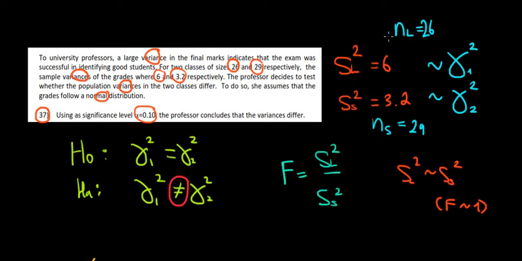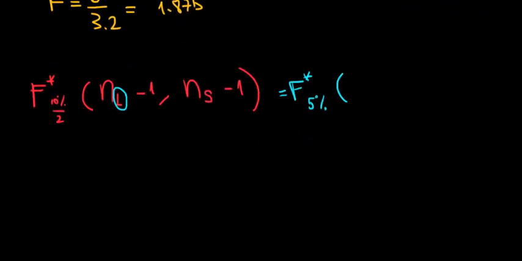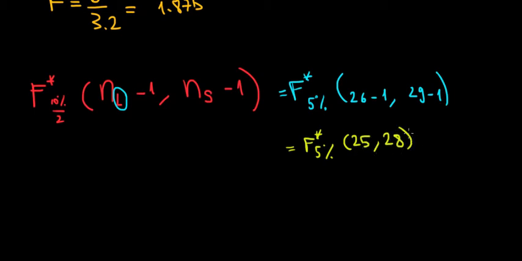The number of observations of the larger variance is 26, which is smaller than the number of observations of the smaller sample variance, which is 29. So we will put that into our degrees of freedom. We will have 26 minus 1, and here we have 29 minus 1. So the F critical value at 5% will have degrees of freedom of 25 and 28 respectively.